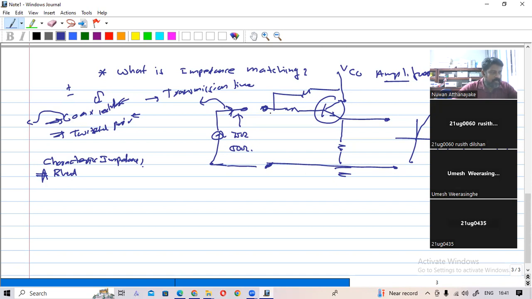Maybe power students have also learned there are some parameters called two port parameters. That is also related to power students, I think. Two port parameters: Z parameter, impedance parameter, Y parameter, admittance parameter.